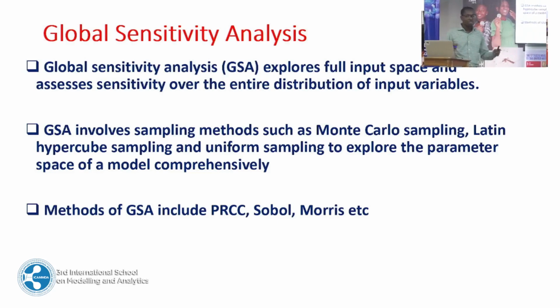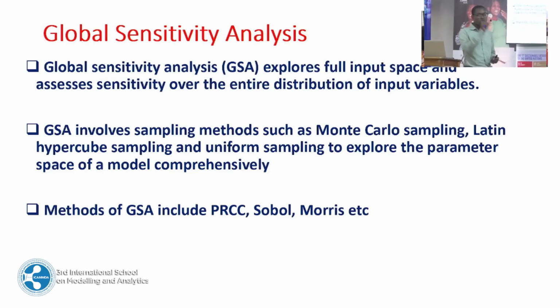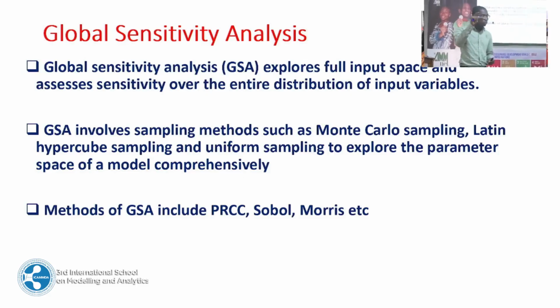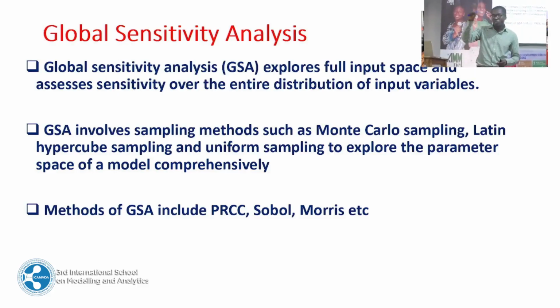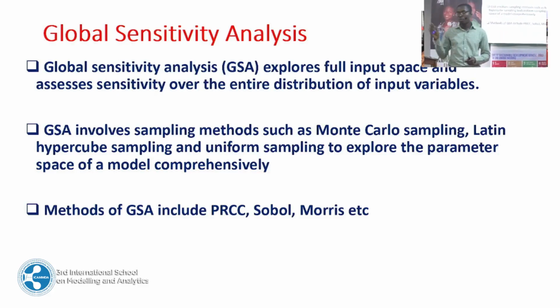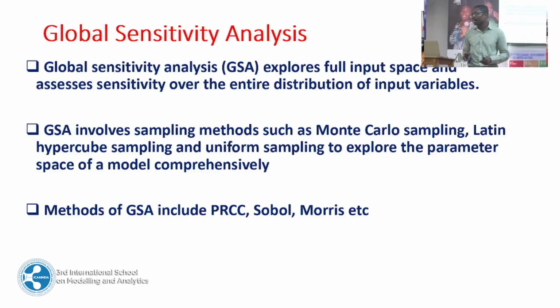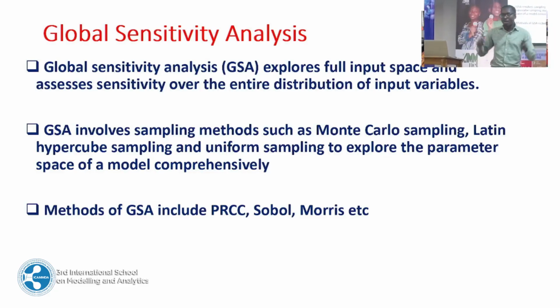Unlike the first one, where we just pick a baseline value for beta, alpha, and mu, here we are looking at a range of values.